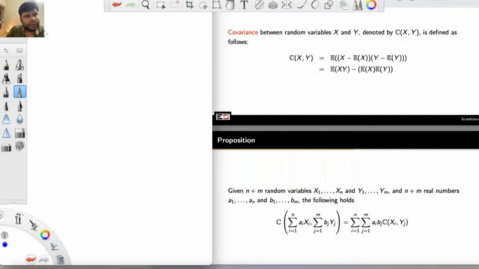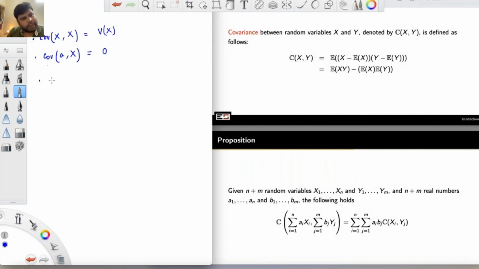First, let us see what is the covariance between X and X. We already know that's the variance of X. Now, what is the covariance between a and X, where a is some constant and X is some random variable? If you look at this formula, if a is a constant, a minus a will be 0, so this is 0. So if any of them is constant, the covariance will be 0.